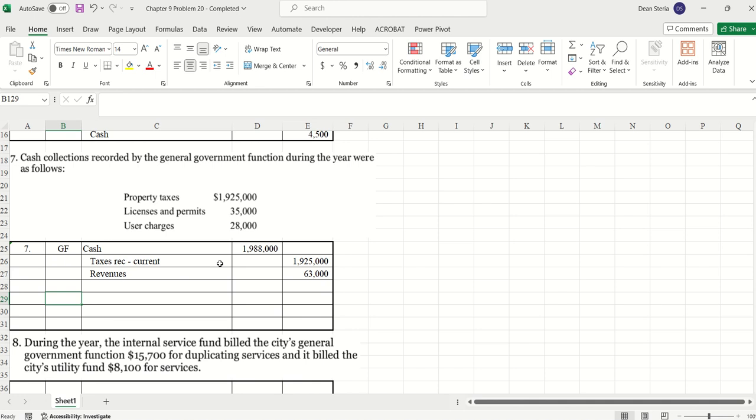Then we have the general activities. We're going to have cash, right? Because we collected cash. Our taxes receivable, current. And then our program revenue.